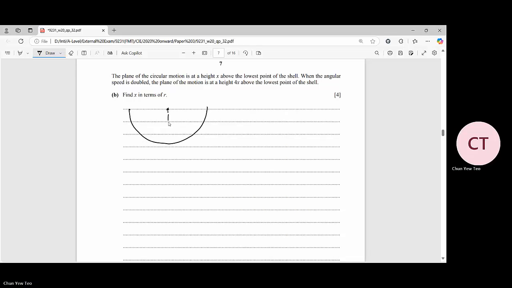For the first situation, you are at here. This is the x, with the speed of omega. When you are moving with a greater angular speed, you are somewhere here.